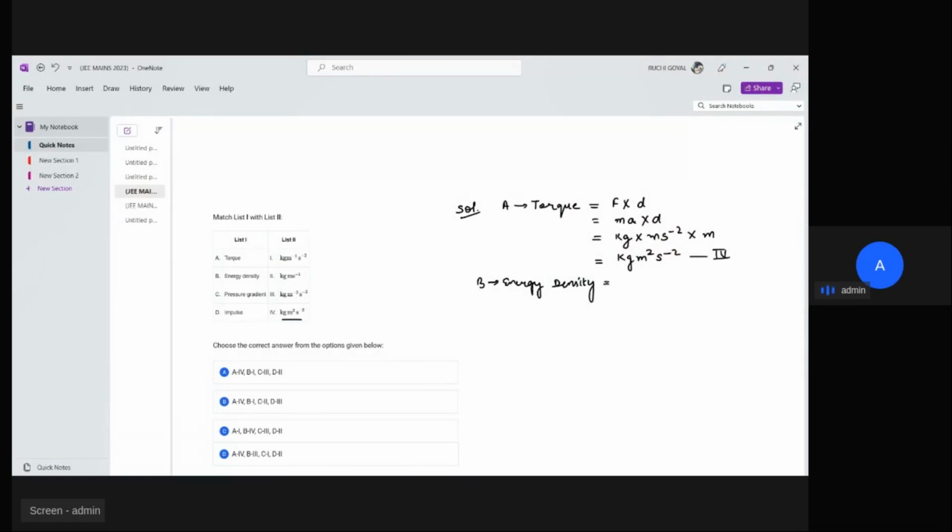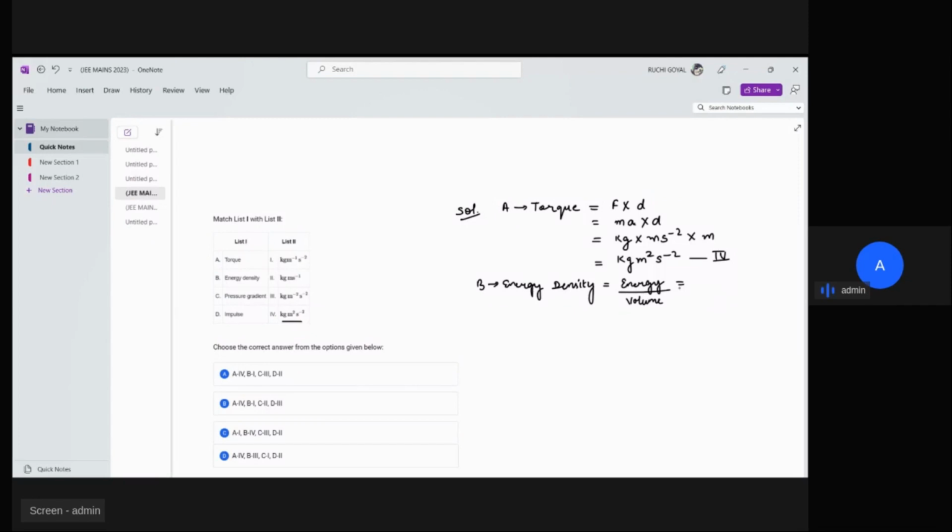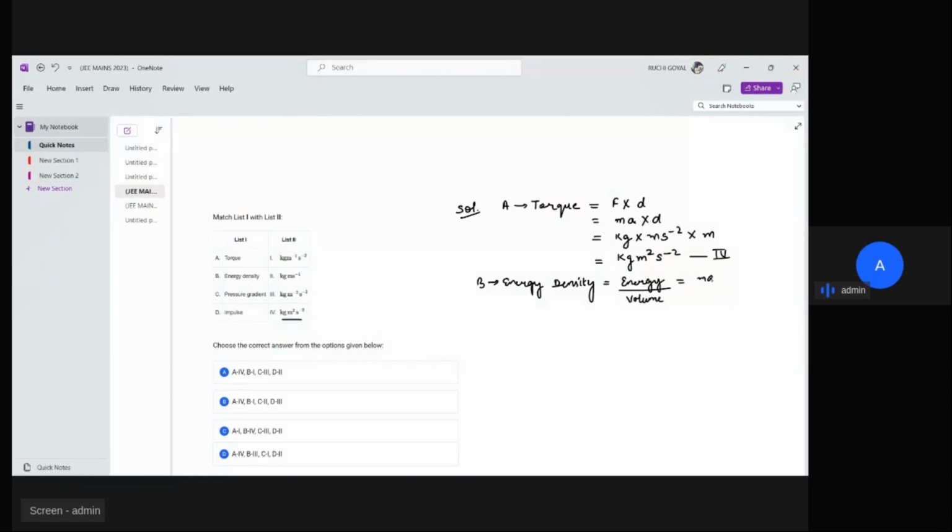Energy density is energy upon volume. Energy is m a into d, divided by volume.